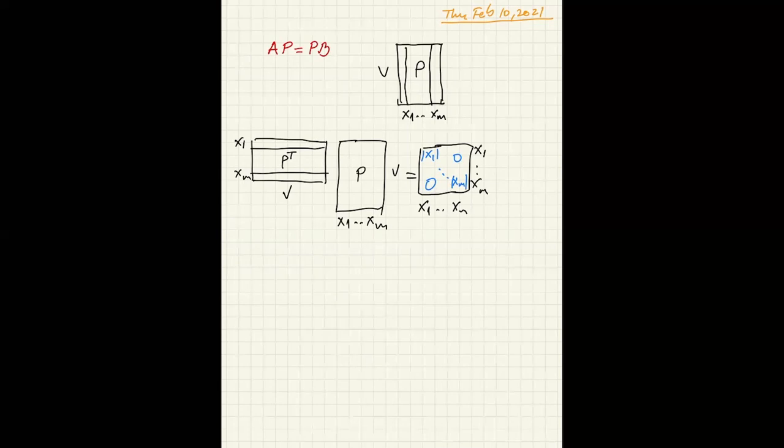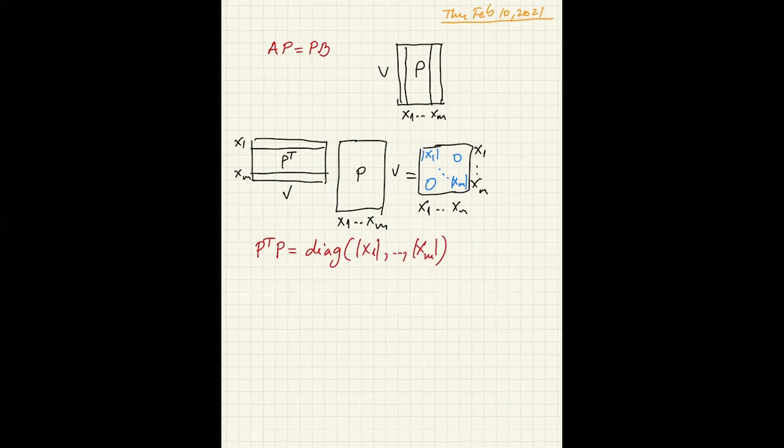So essentially what I wrote here is that P transpose times P equals the diagonal matrix whose diagonal entries are the cardinality of x1, up to the cardinality of xm. And this is an invertible matrix because it's a diagonal matrix and all the entries on the diagonal are non-zero. So this is the idea to get rid of the P on the left-hand side.